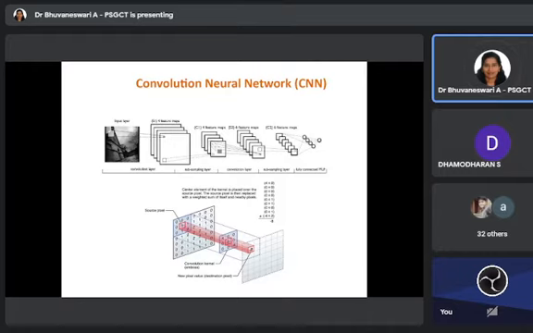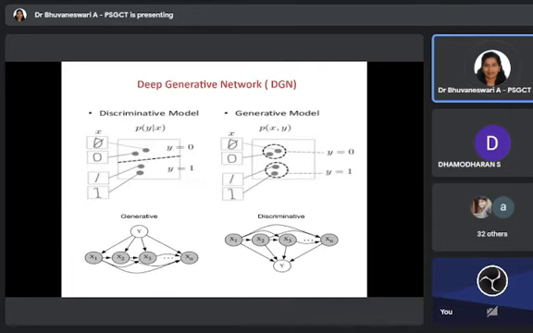And next one is the deep generative model. This model is similar to your linear model. However, it's similar to the recurrent model. However, the functionality is like any model can have similar data sets in different formats.